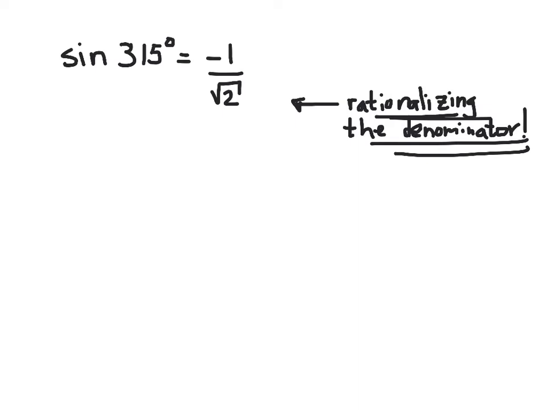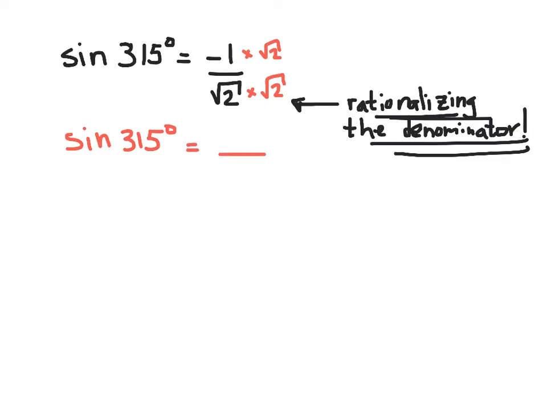Remember, whatever you do to the bottom of a fraction, do to the top of the fraction, you don't change the fraction. So what we're actually going to do is we're going to multiply both top and bottom by square root 2. So how will that help us? Well, let's take a look. If we do this, multiply the bottom by itself, we should know that square root of 2 times square root of 2 is just 2.